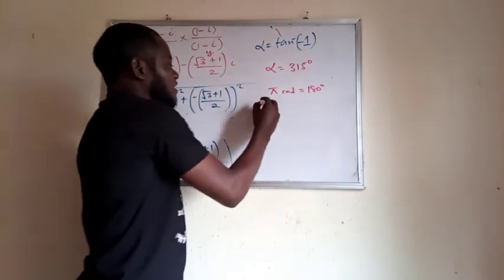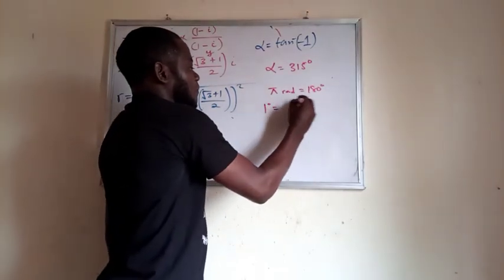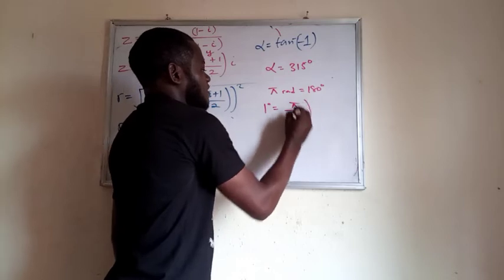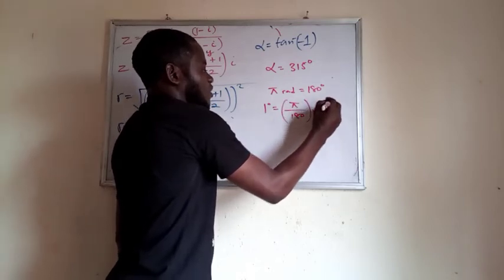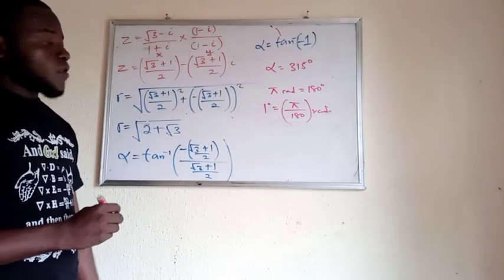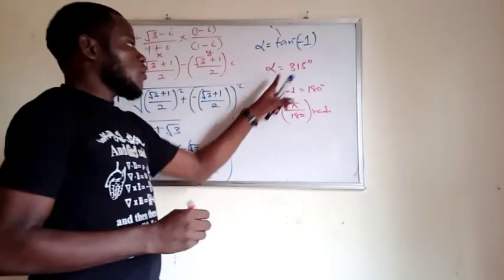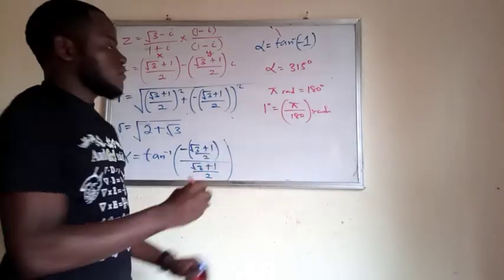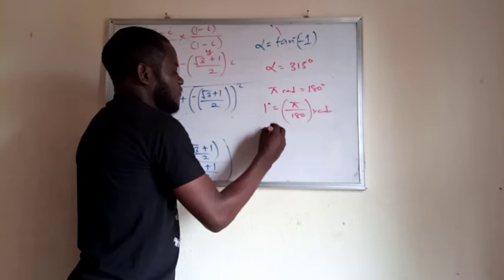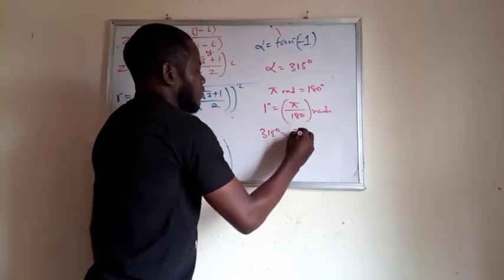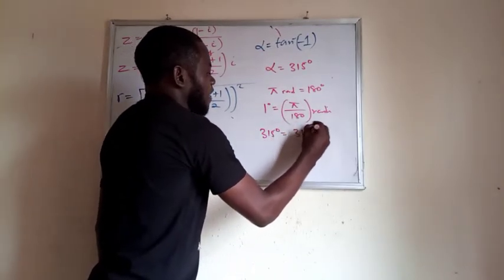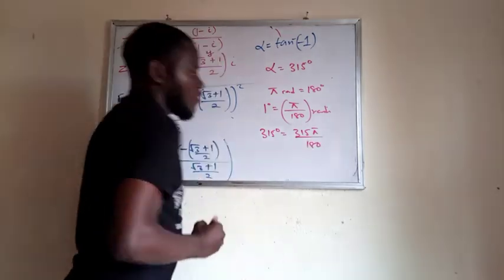Now, 1 degree is equivalent to pi over 180 in radian. So if I want to convert 315 degrees to radian, this will become 315 pi over 180.